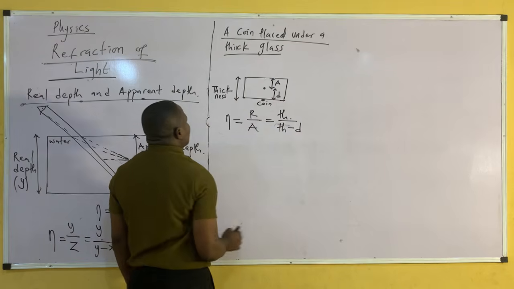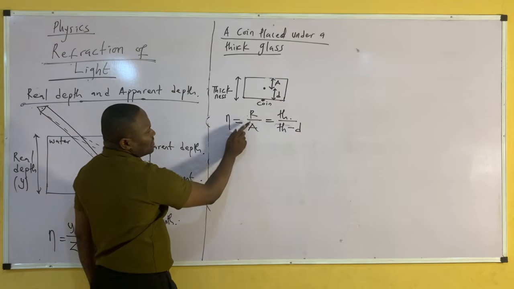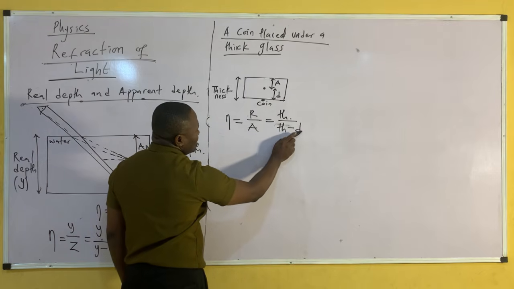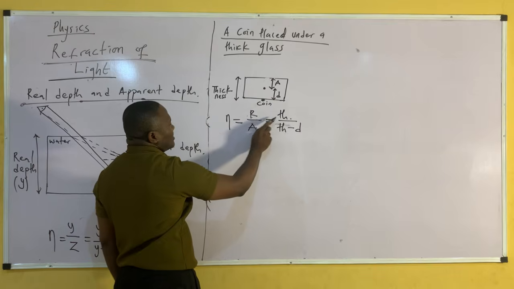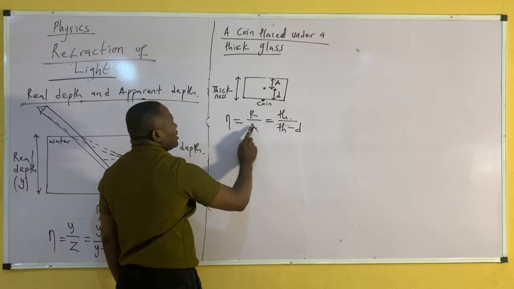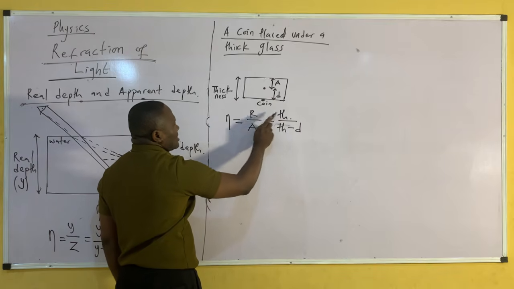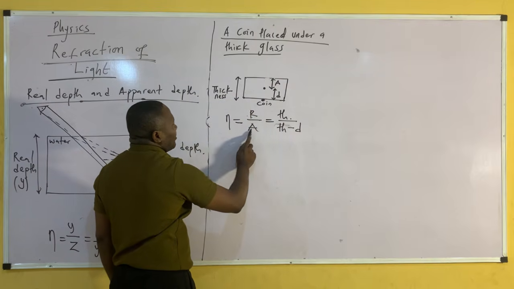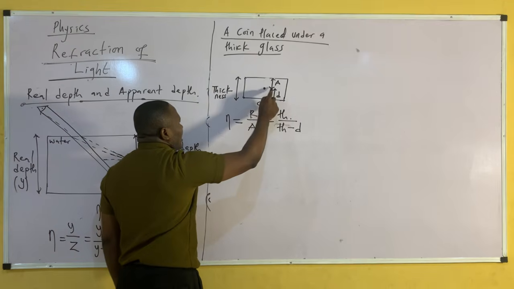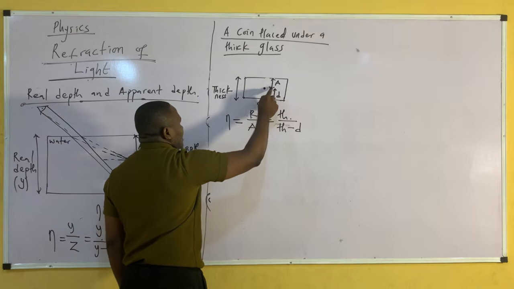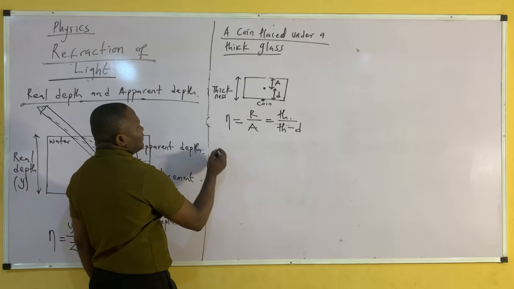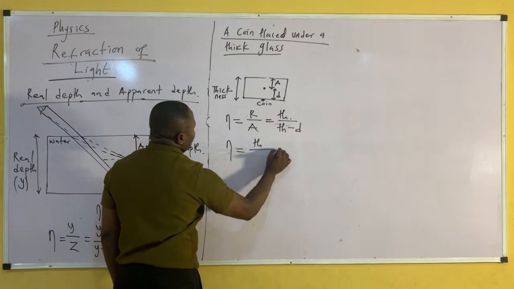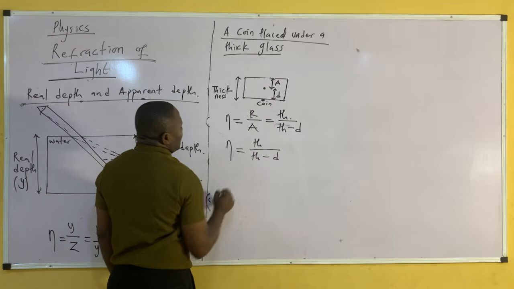So apparent depth is thickness minus displacement, because the real depth is our thickness, which is from here to here. So I can further say that refractive index equals thickness over thickness minus displacement.